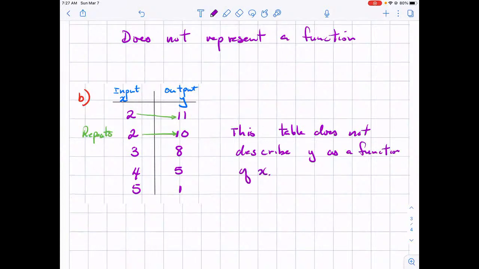The input 2 is matched with 2 different y values. And you will see later on when we do what is called the vertical line test, this will probably be easier for you to see, as to why we're saying this.